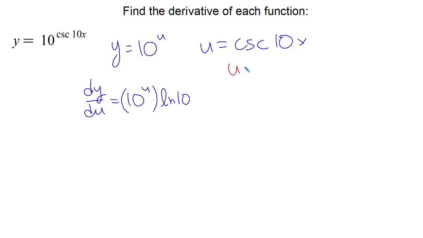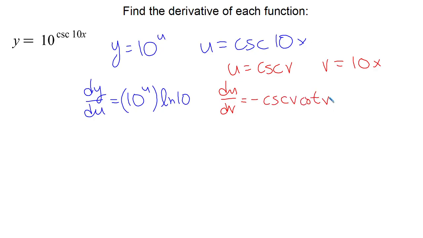So we'll say that u is equal to the cosecant of v, where v is 10x. And so now we'll take the derivative of each of these separately. So du dv, well, the derivative of cosecant is negative cosecant cotangent. So we have negative cosecant v cotangent v. And then we have dv dx, which is just 10.